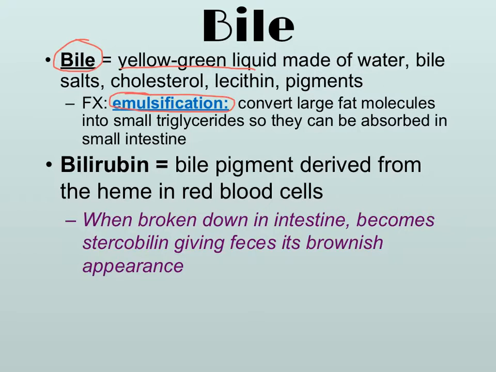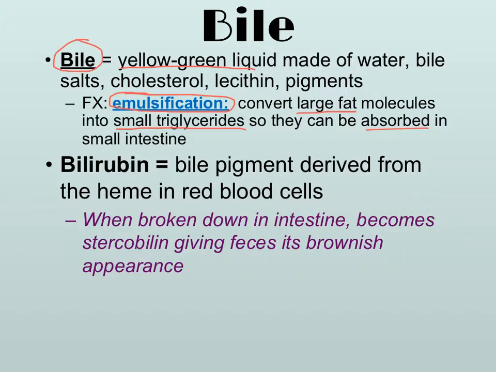And that's what breaks large fat molecules down into the smaller triglycerides so they can be absorbed in the small intestine. If it wasn't for bile, those large globules of fat, of lipids, would be too large and they would pass right through the digestive system without being broken down and absorbed into the blood in the small intestines.